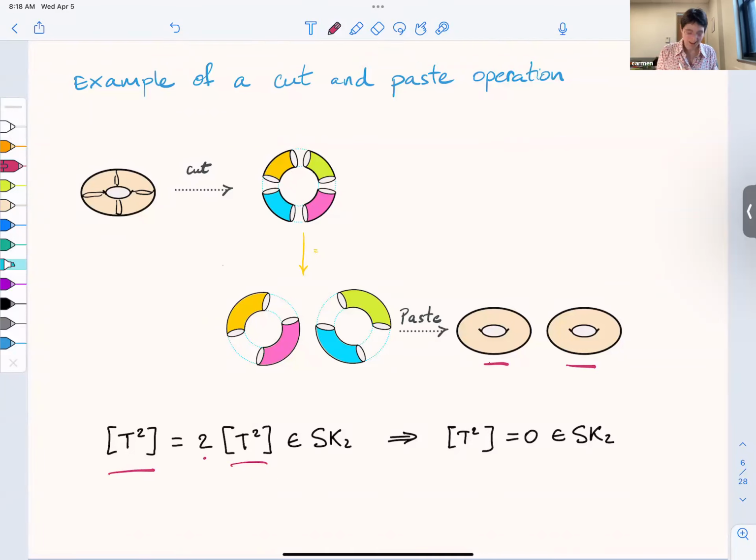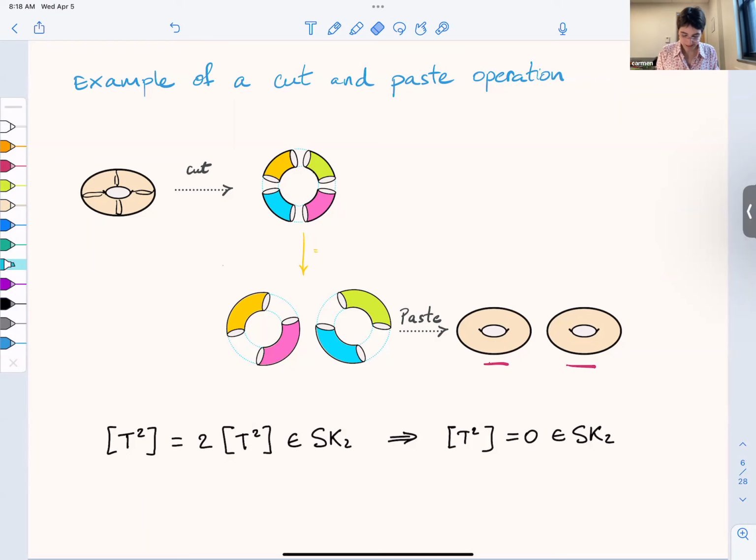And if something is equal to twice itself, then that something has to be 0. There's no other way around that. So this is interesting, because this tells us that in cut and paste groups, tori are going to represent the 0 class.